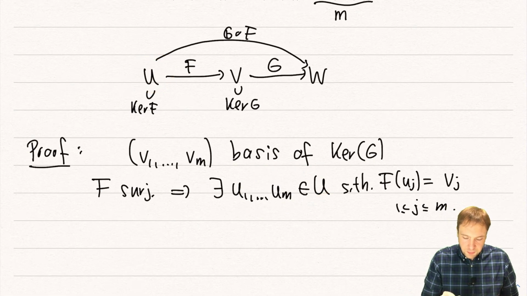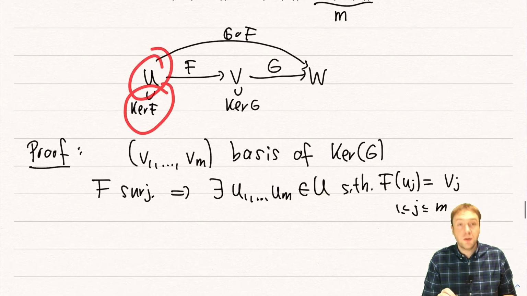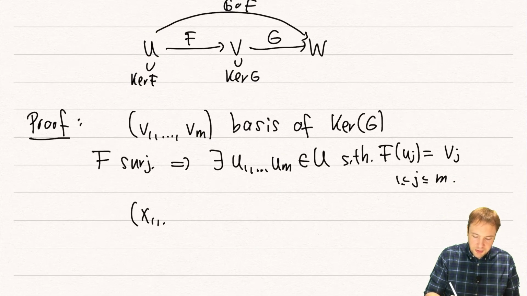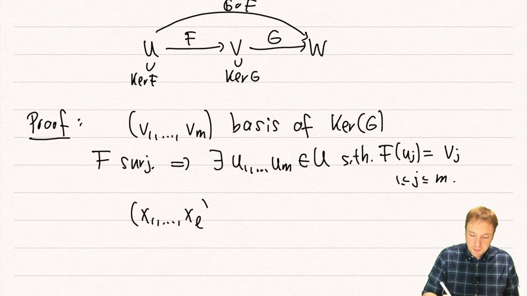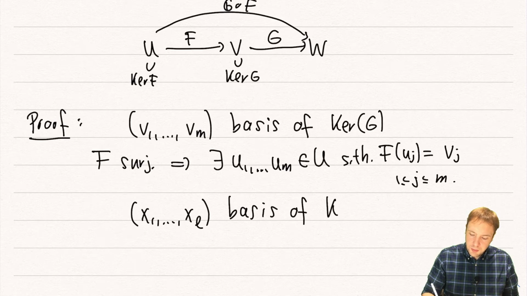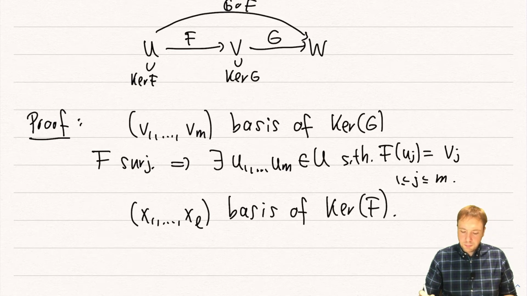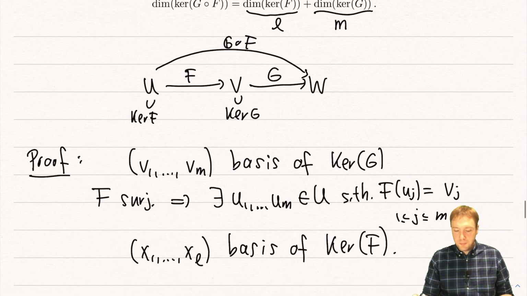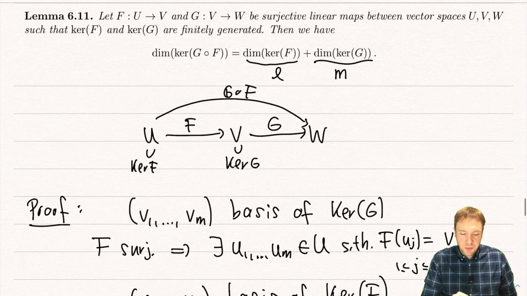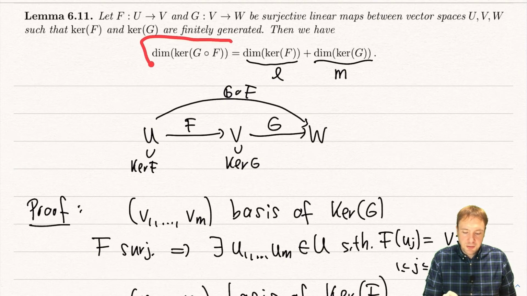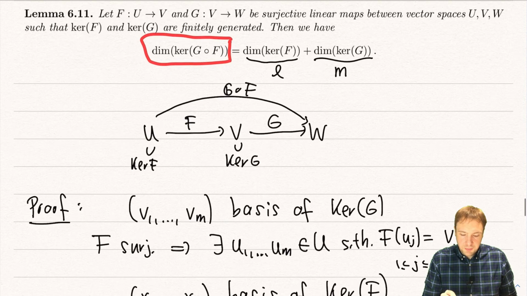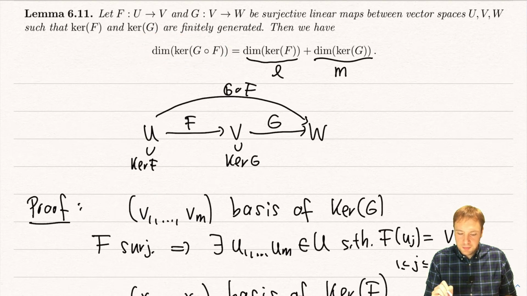And now the kernel of f also lives here, and this is also finitely generated, so we can also choose a basis, and we denote these elements by x. So x1 up to xl is a basis of the kernel of f. In other words, the dimension of the kernel of f is l. And what we want to show to prove this lemma is that the dimension of this kernel is given by l plus m.